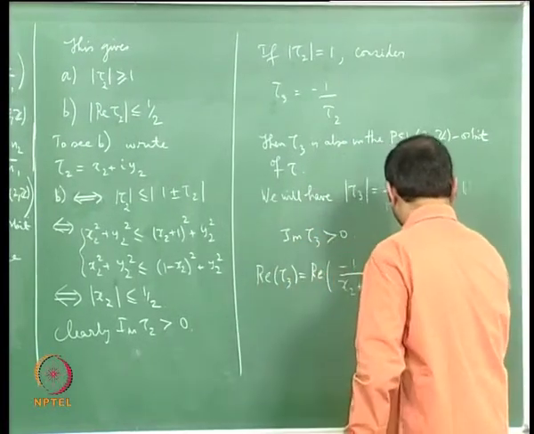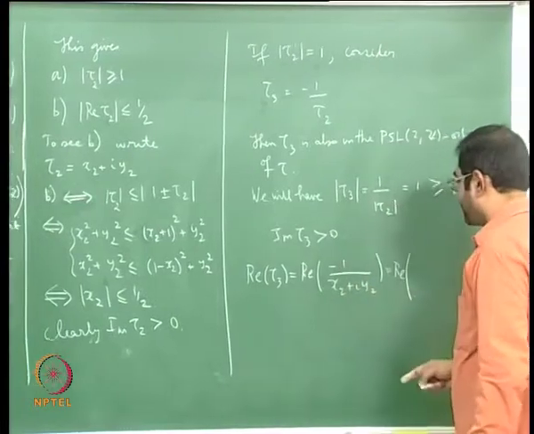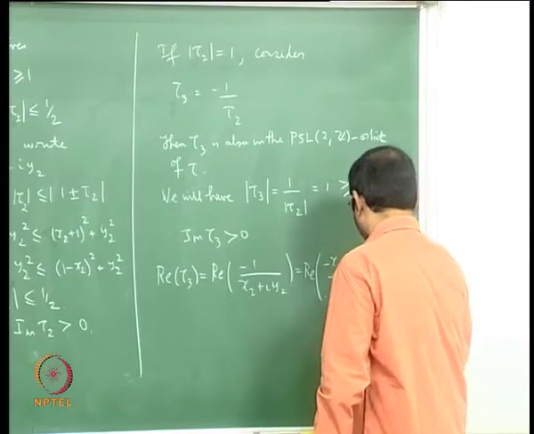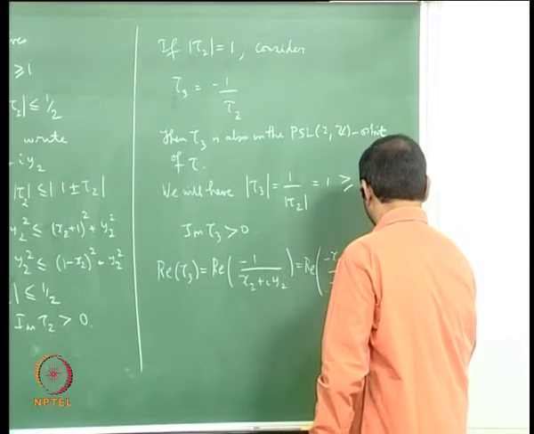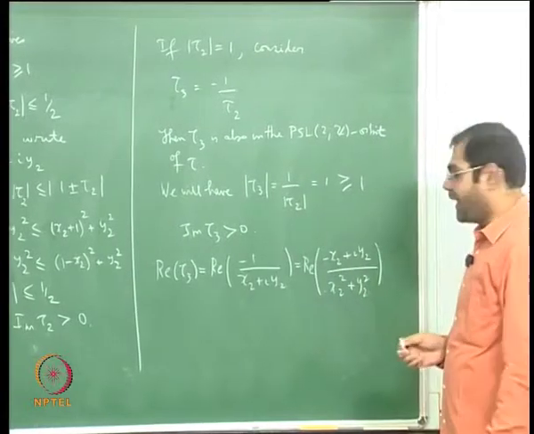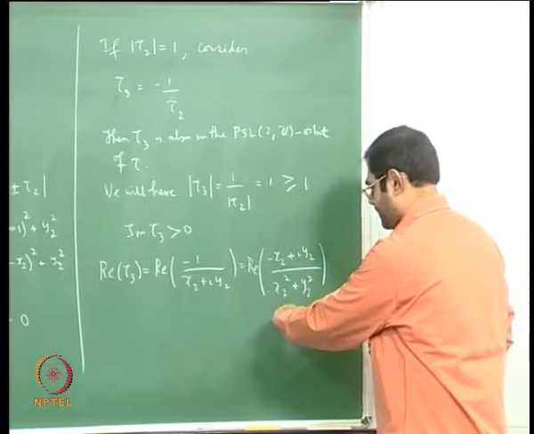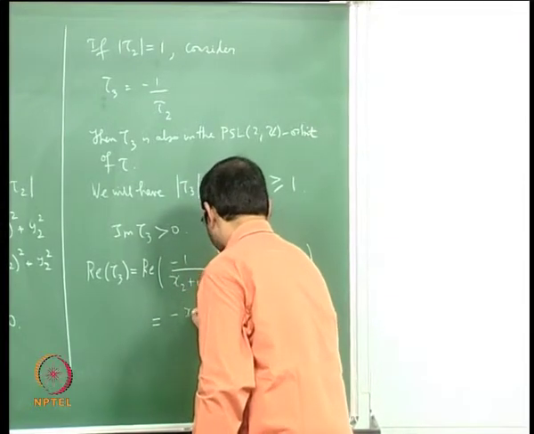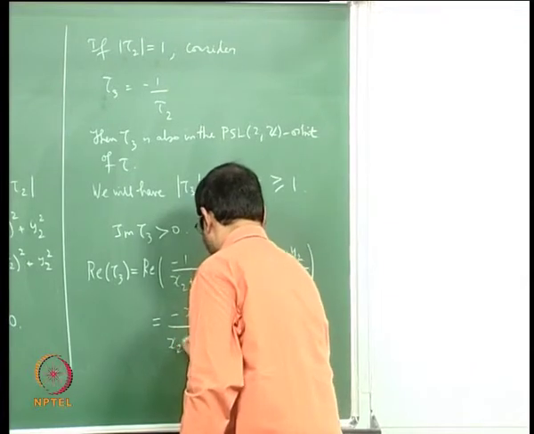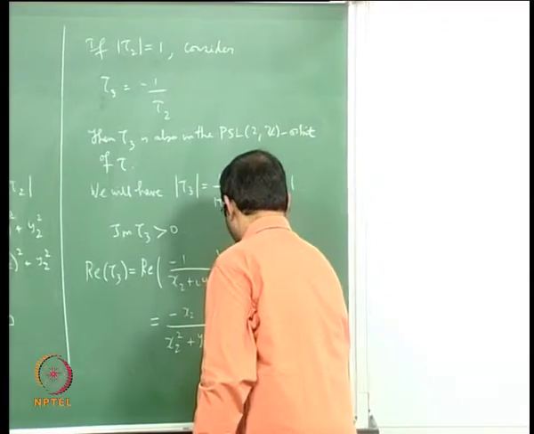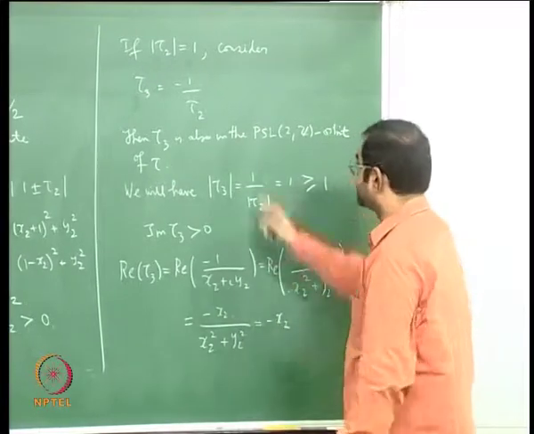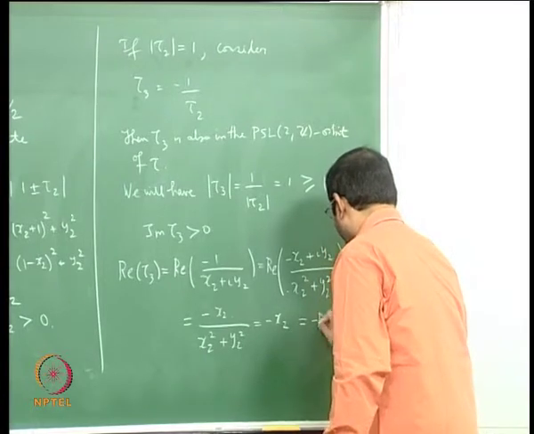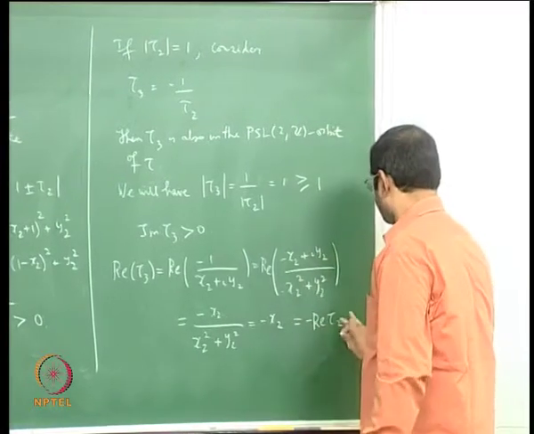If I calculate this, multiplying and dividing by x2 minus iy2, I will get minus x2 plus iy2 by x2 squared plus y2 squared. The real part is minus x2 by x2 squared plus y2 squared, and that is minus x2, because x2 squared plus y2 squared is 1, since mod tau 2 is 1. So this is minus the real part of tau 2.